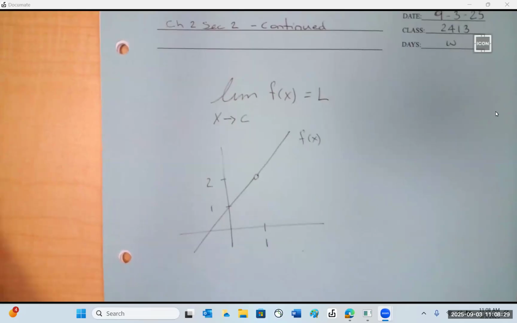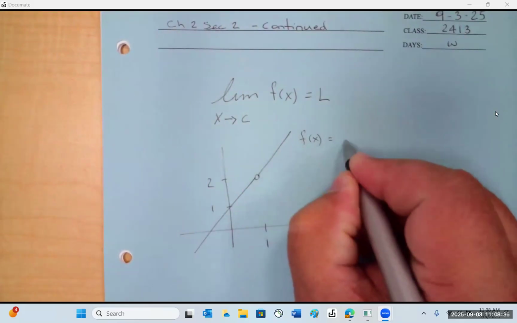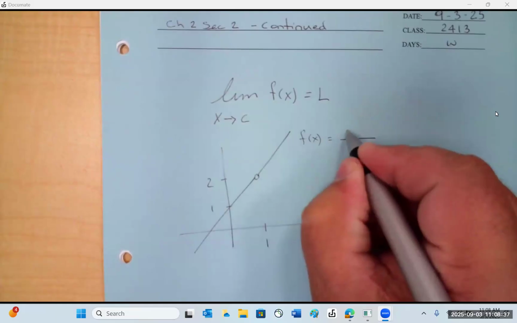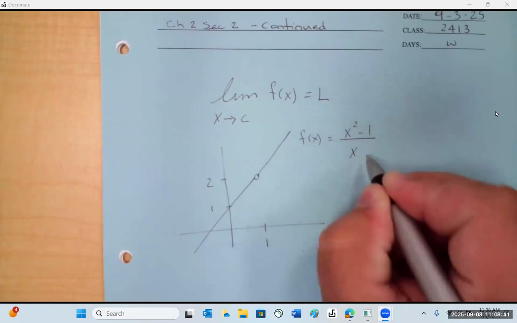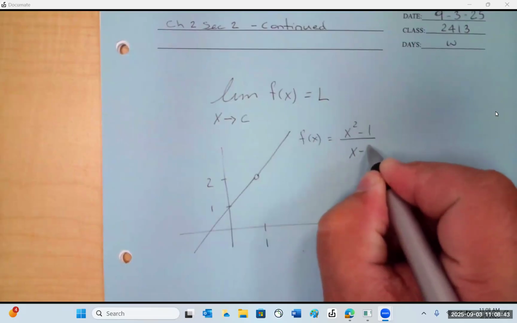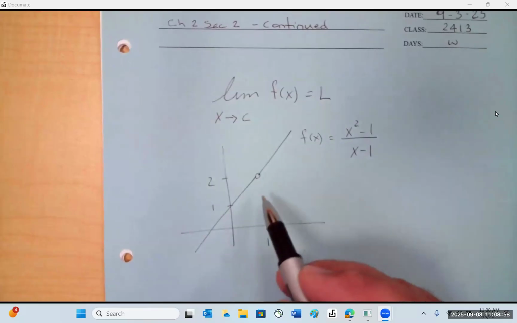So in this example, now, what this is telling us, and we're going to expand on this in the next section, but here's our function.